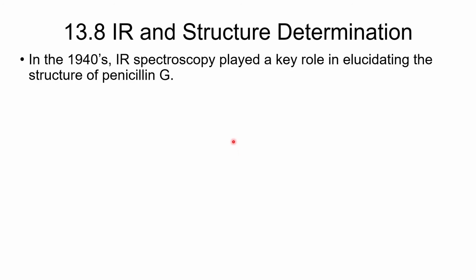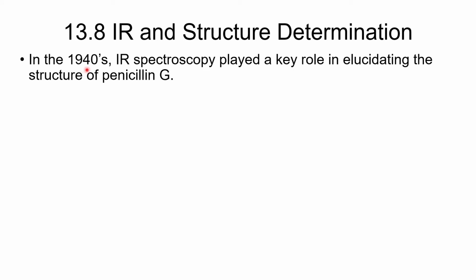So let's look at our next section, which is talking about infrared spectroscopy and structure determination. We can get a lot of information about what functional groups are present using infrared. And so this has been an extremely powerful tool for chemists over the last 100 years.